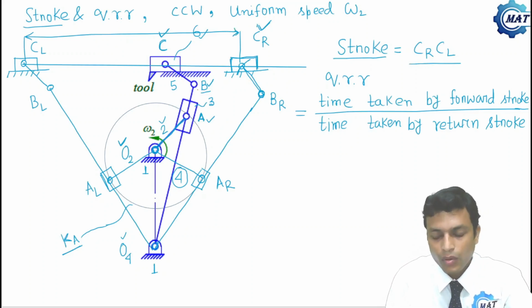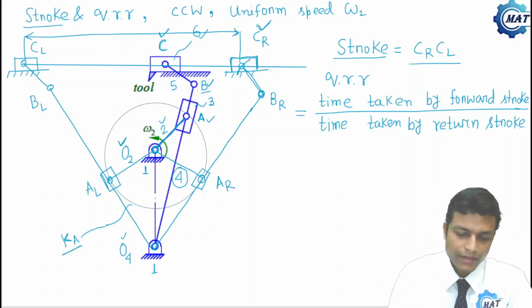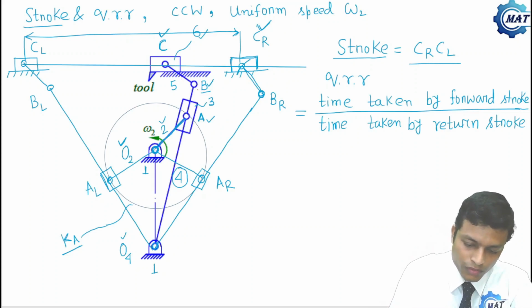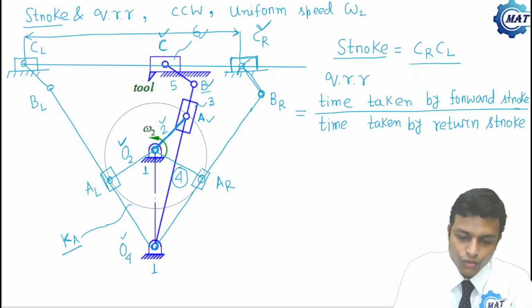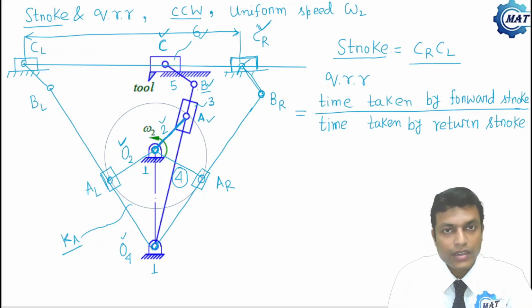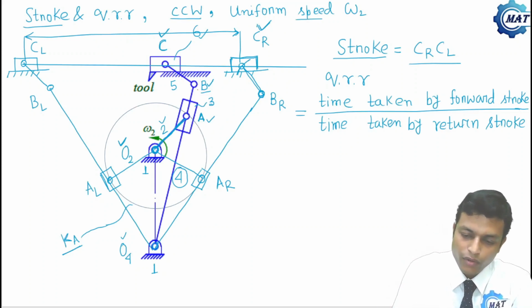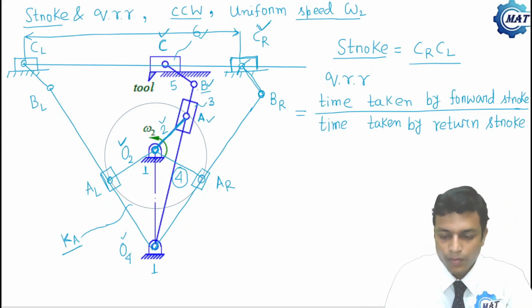Now what is forward stroke and what is return stroke? Let me explain. We have considered that link 2 here is rotating in counterclockwise direction with uniform speed omega 2.